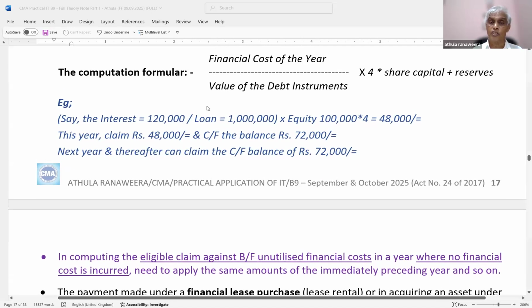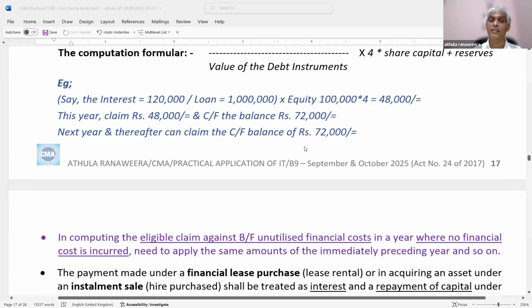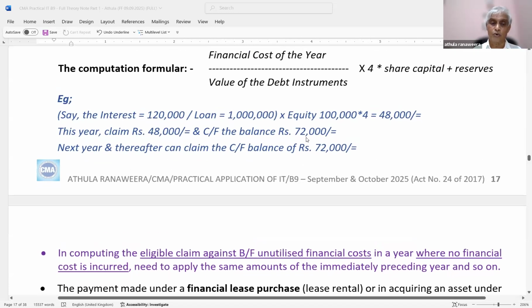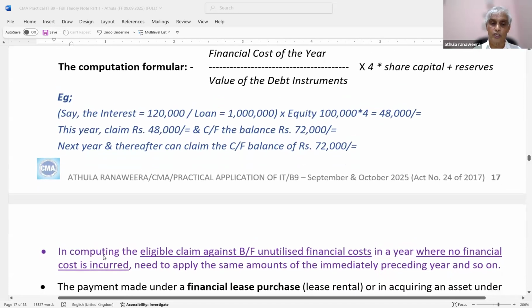But now your question: in the subsequent year, there's no loan at all. Right? In the subsequent year, no loan, here 0. Then how to do this? That is not properly addressed. What they could have done is to include that also here.